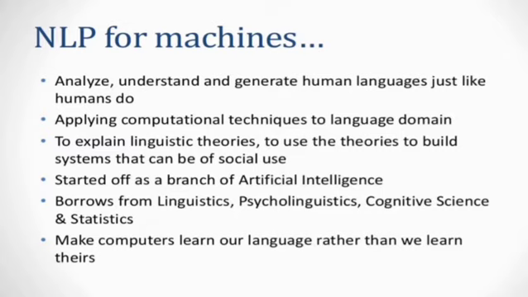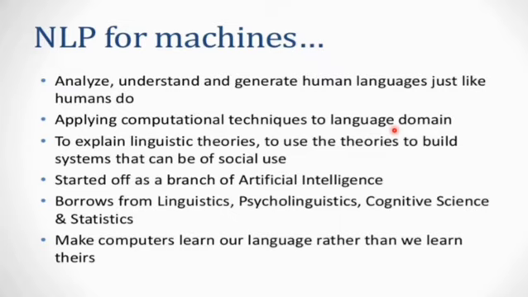Now let us see how NLP is used for machines. First point is that it analyzes, understands and generates human language just like humans do. With the help of NLP, machines can analyze, understand and generate human languages, applying computational techniques to the language domain.